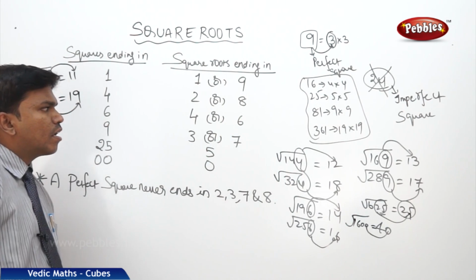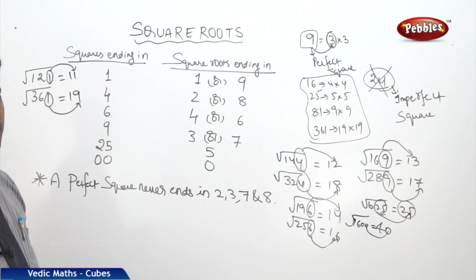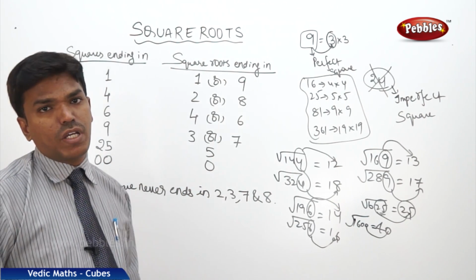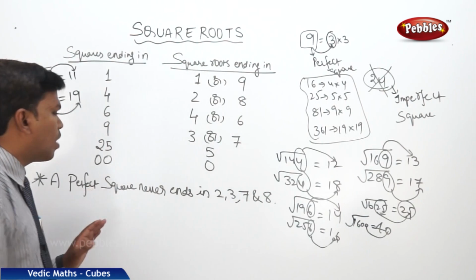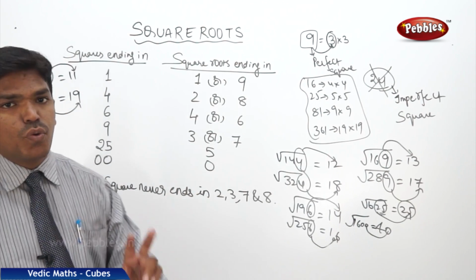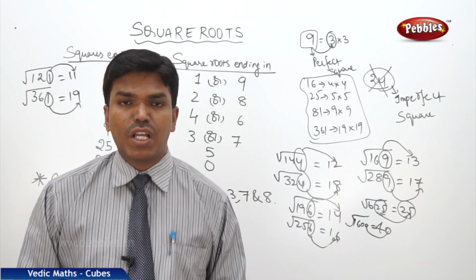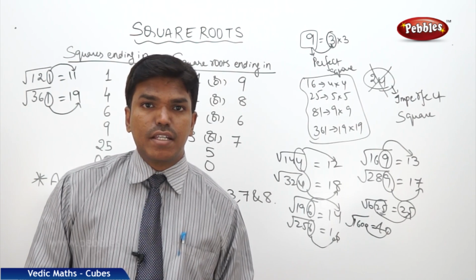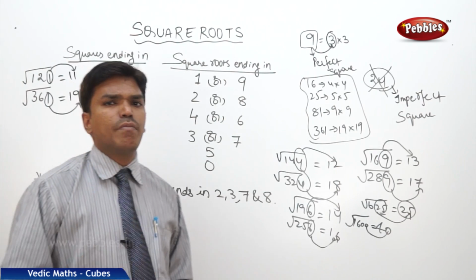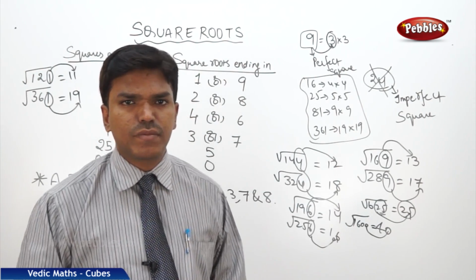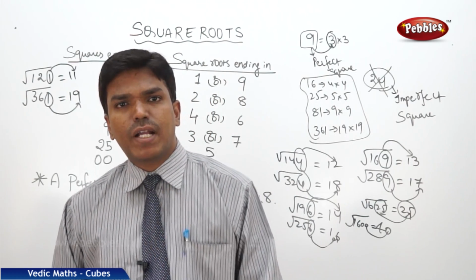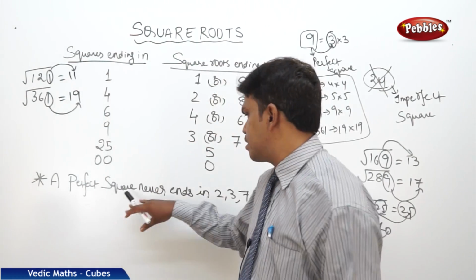So like that, this table we should be aware of. This table will help you a lot in finding out the square root of a number. Right? Now, the last important point. Remember, a perfect square never ends in 2, 3, 7 and 8. Whatever number you take and square, nothing but multiplying it by itself, the product you get will never end in these digits.